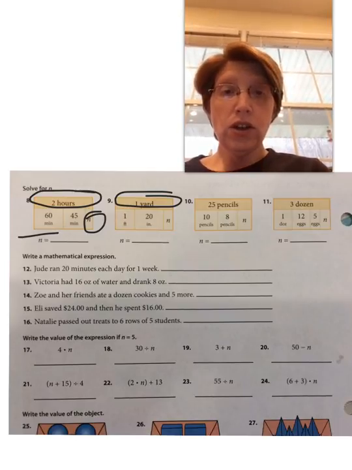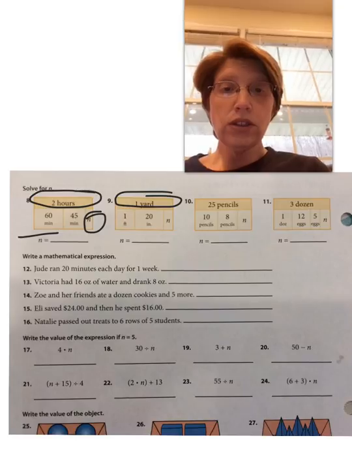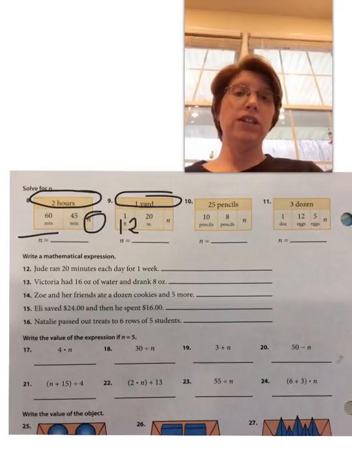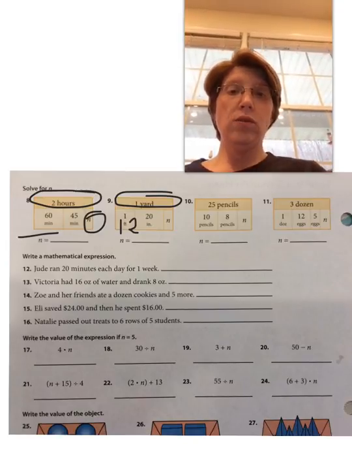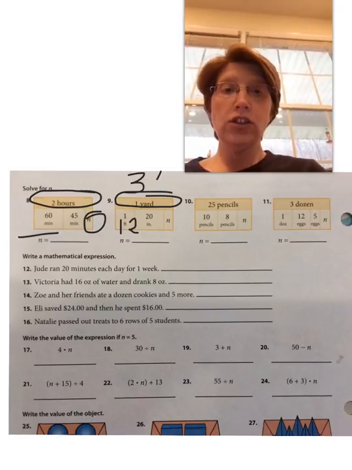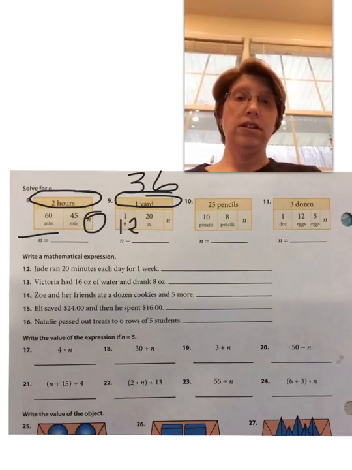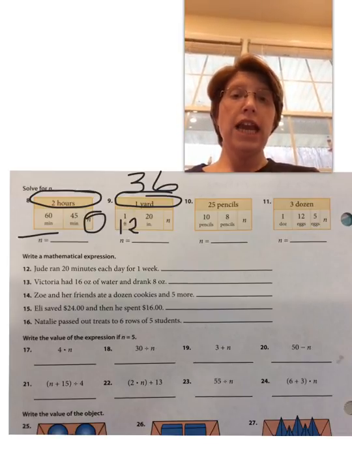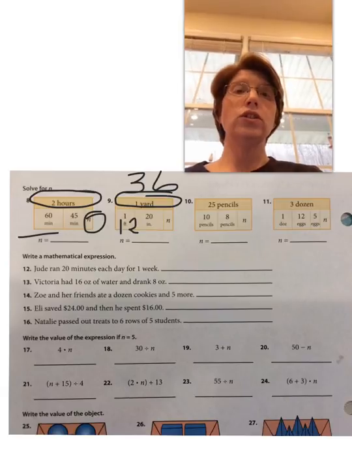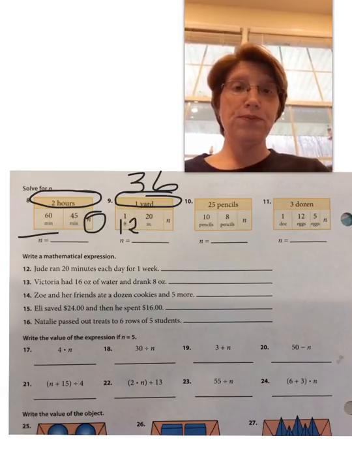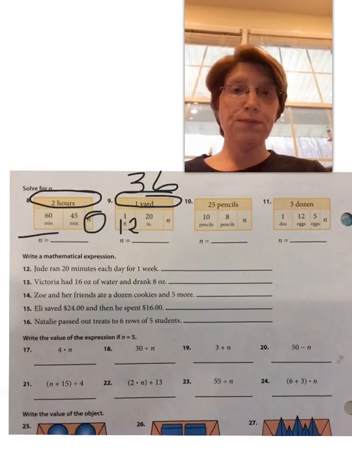So let's go ahead and put 12 there, because that's 12 inches. Then we have 20 inches. And we know that 1 yard is 36 inches. So if we have 20 inches and we have 12 inches, how much is the missing part? You write that there.